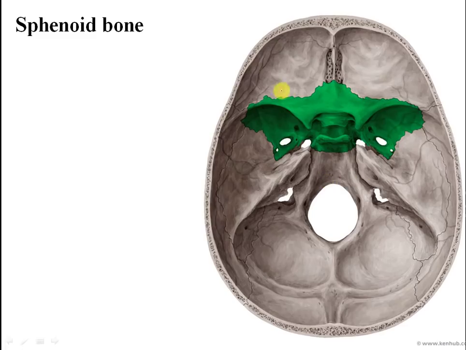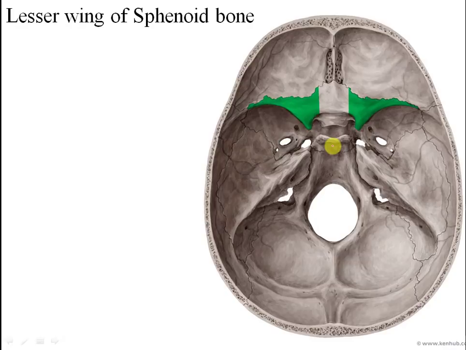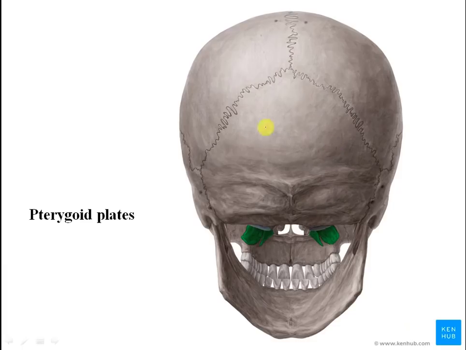So here in norma basalis interna, the different parts of the sphenoid bone: the body, greater wings, lesser wings. And here, the posterior view of the skull, you can see the downward extensions of the sphenoid bone, the pterygoid plates.